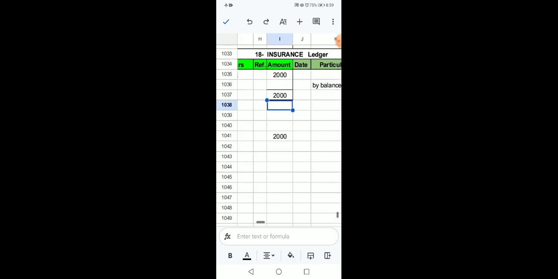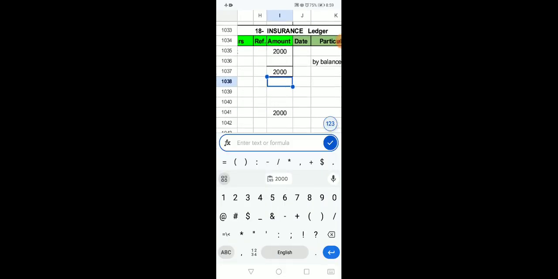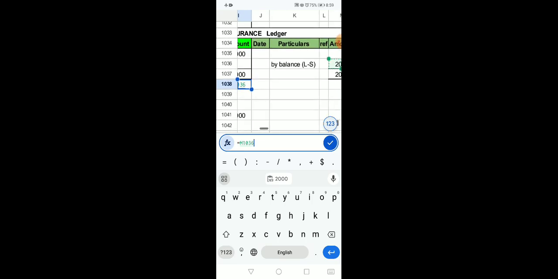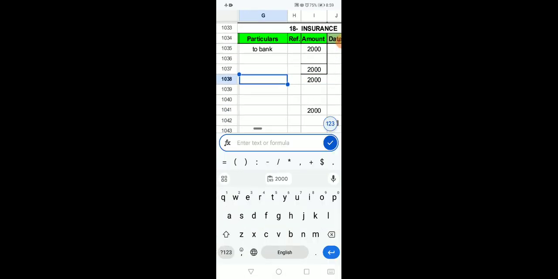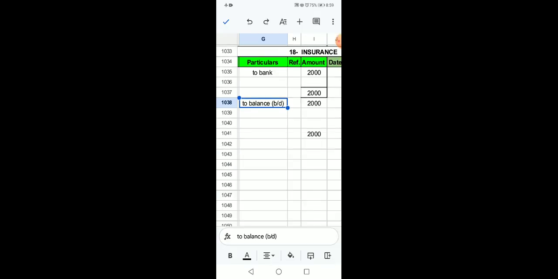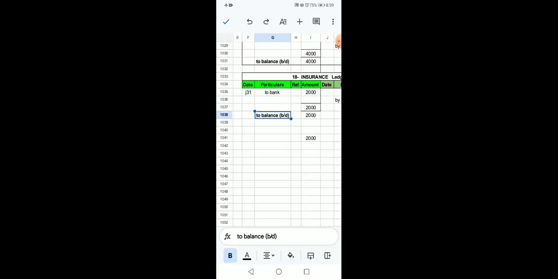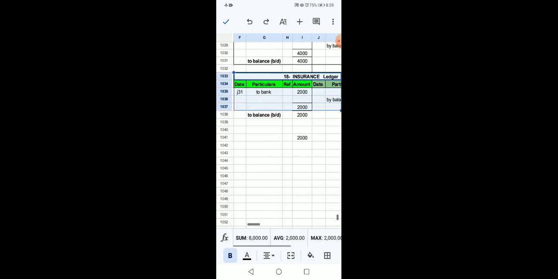Go to the opposite side, debit, downwards and write down the same initial balance you have calculated, which is 2000. Change its reference; now you are going to write it as balance. Since you have brought it down, mention BD beside it: balance brought down. This was our requirement for making insurance. Requirement completed.